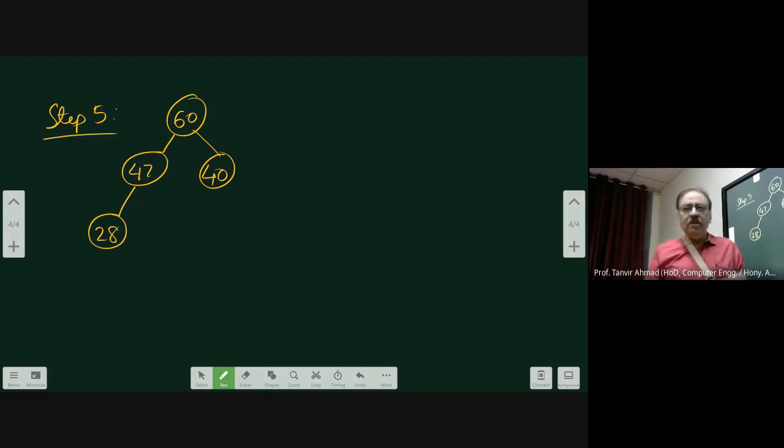And now you have to put 10. So you put 10 over here. Now when you put 10, nothing has to be done because the property is not violated.